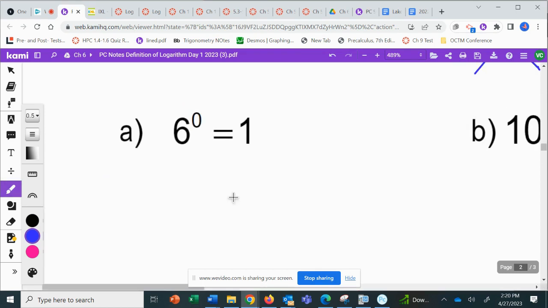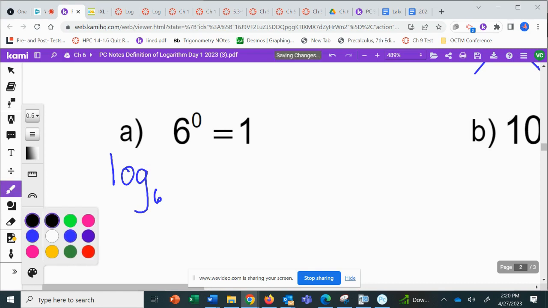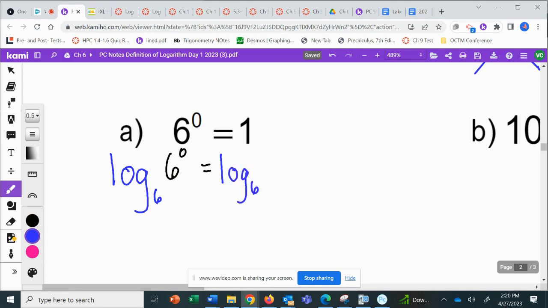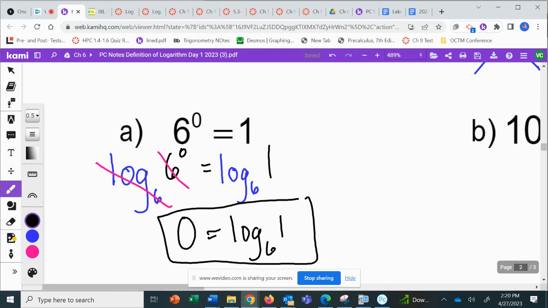A log base 6. So in a different color, you can see I'm writing log base 6. 6 to the 0 is still there. Other side, I'm putting in log base 6. 1 is still there. These undo each other. We get 0 equals log base 6 of 1. You don't have to do anything else.